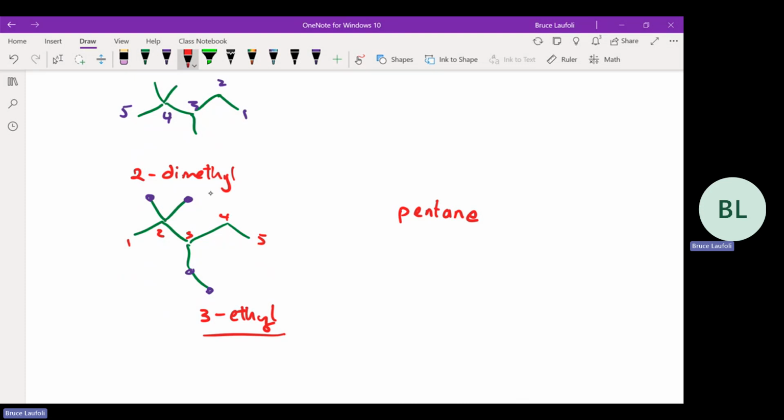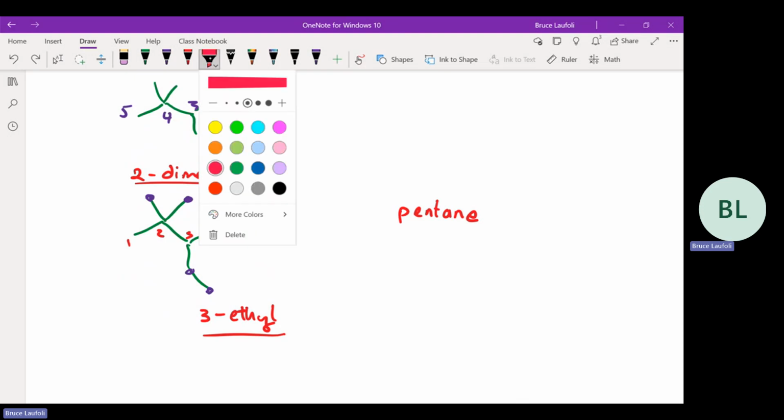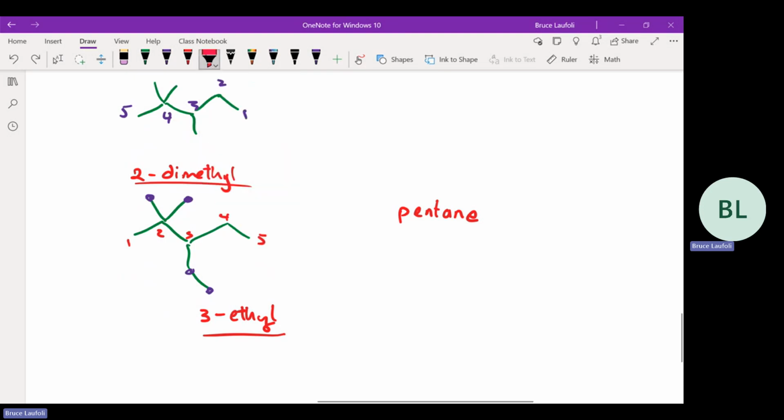Which one would come first? The ethyl or the dimethyl? Now, when you're doing this one, some of you will say we put the D before E in the alphabet, but you would actually be wrong, because when we're considering alphabetical order, we are not considering this portion here. We only look at the name.